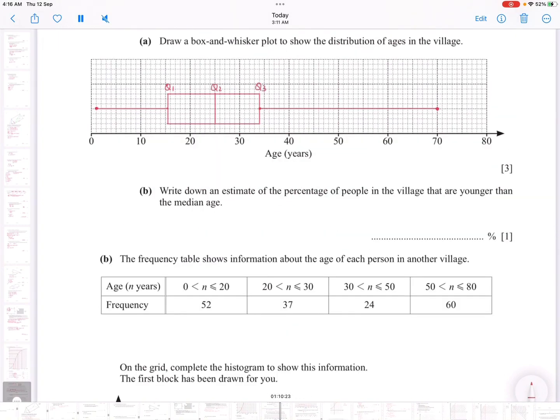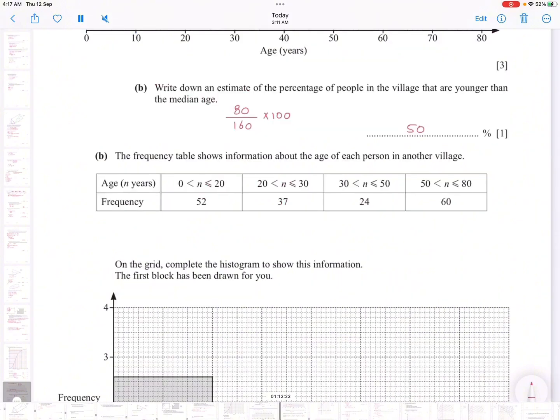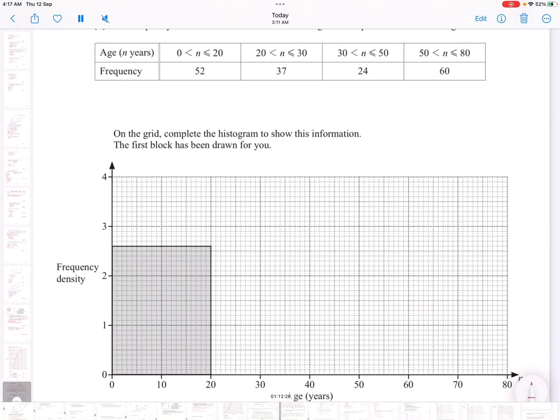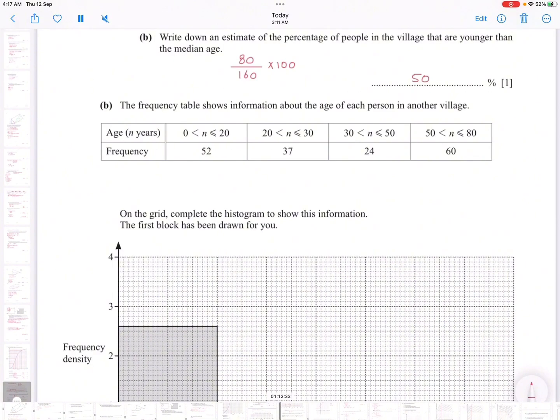From the graph, we have 80 as the median, divided by 160 and times 100 to convert it into a percentage. So this is 50%.